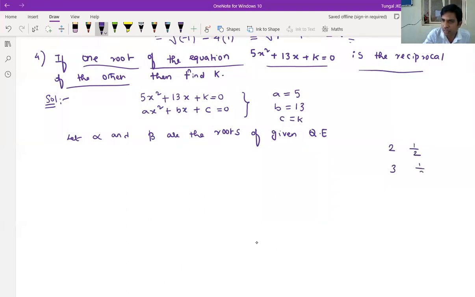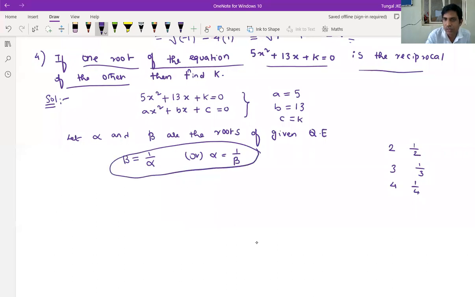The reciprocal of 3 is 1 by 3. The reciprocal of 4 is 1 by 4. Understood? So one root is the reciprocal of the other. By then, beta is equal to 1 by alpha, or alpha is equal to 1 by beta. You can take whichever condition. One can be written as 1 by the other, so either beta is 1 by alpha or alpha is taken as 1 by beta.